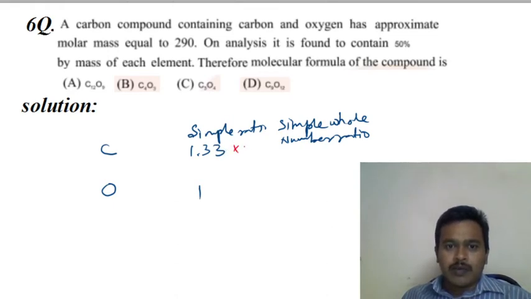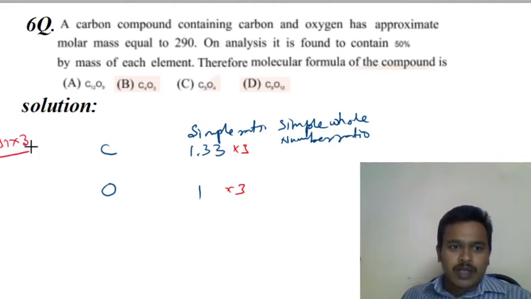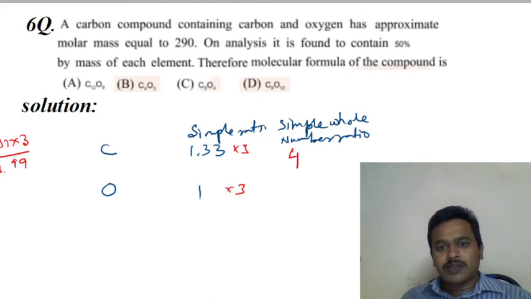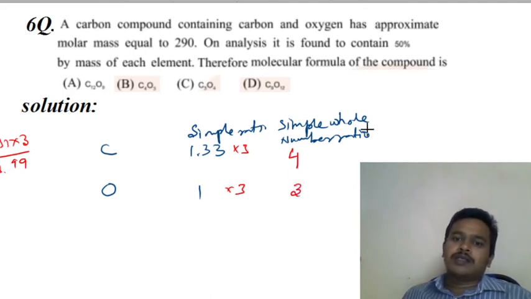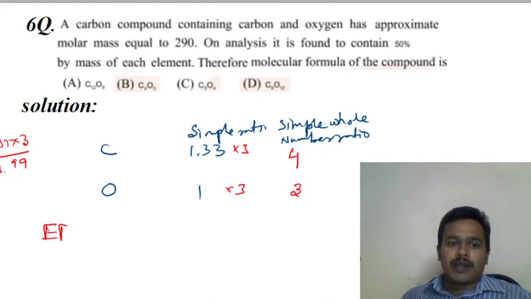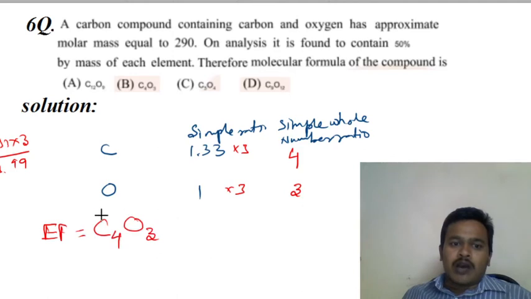Multiplying 1.33 into 3 gives almost 3.99, so that is 4, and the other will be 3. So this is the simple whole number ratio. Based on that, the empirical formula is C4O3.